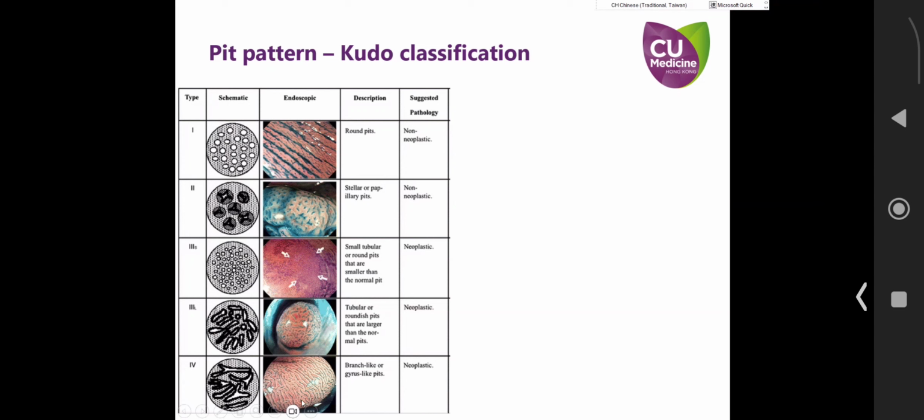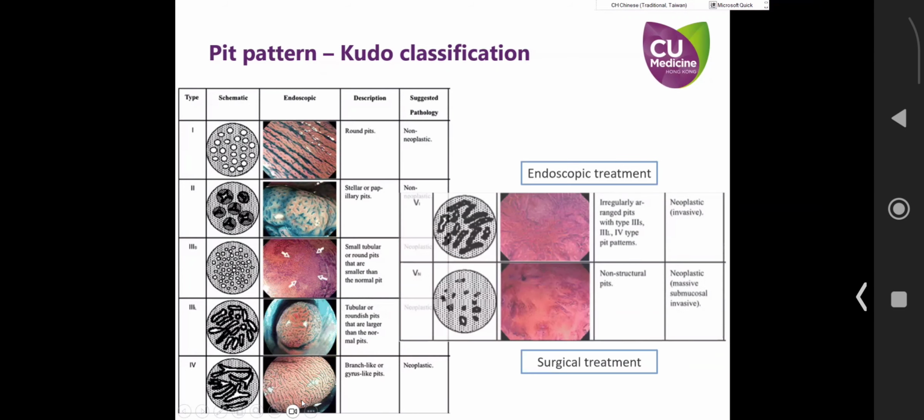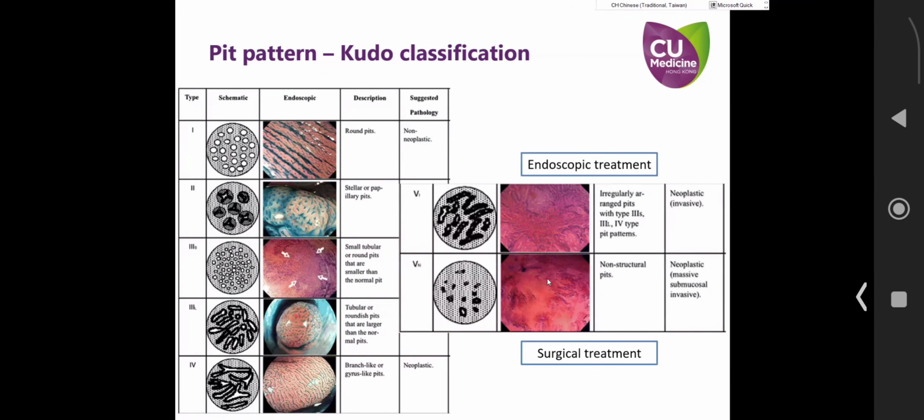So these are benign. But if we see something like this, where the surface patterns are no longer in structure or no longer organized, then we really need to pay careful attention. Especially, we need to determine whether this is a type 5I or a type 5N, because these two will lead you to totally different treatment strategies.